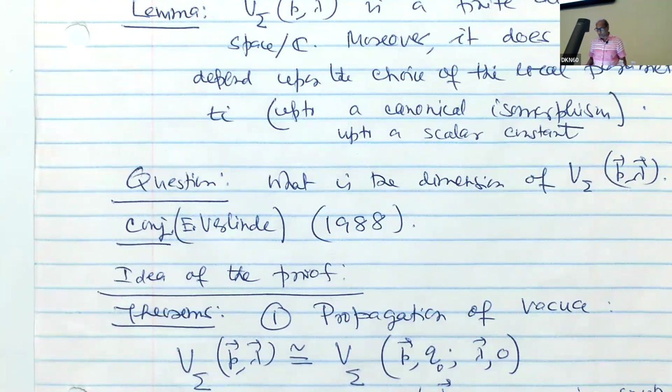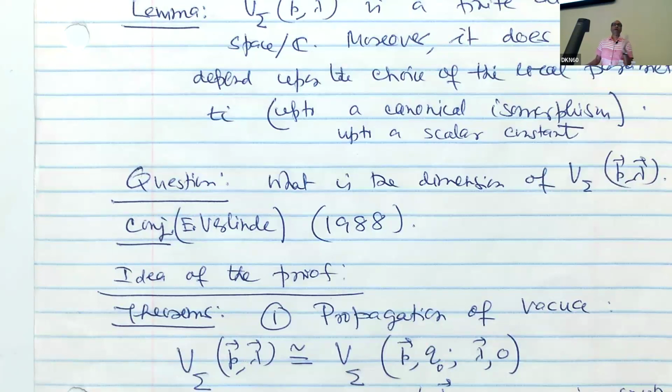So theorem number one is called propagation of vacuum. What it says is this: I fix the points Pi, I fix the weights lambda i, and I fix the curve. You keep the same curve and the same points, but you attach one other smooth point, let's call it the point Q0. I'm just attaching one more point, and to that point I attach the weight 0.